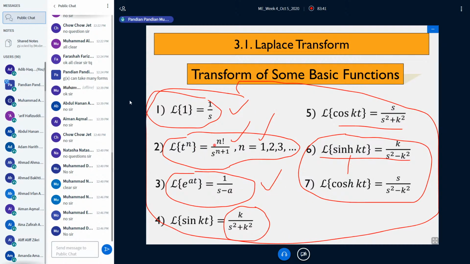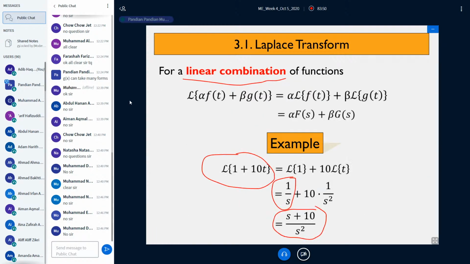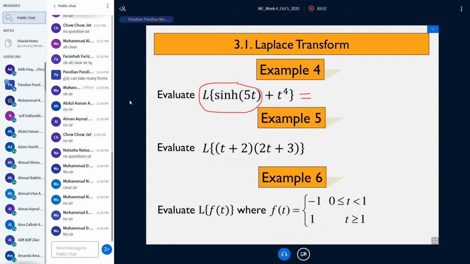So 4 factorial divided by s power 4 plus 1, so s power 5. So you plug inside. So you have 5 over s squared minus 25 plus 24, because 4 factorial is 4 multiplied by 3 multiplied by 2 multiplied by 1, 12 multiplied by 2, 24, divided by s power 5.